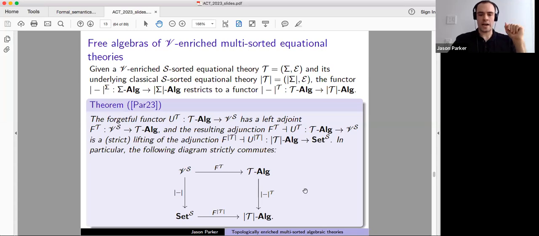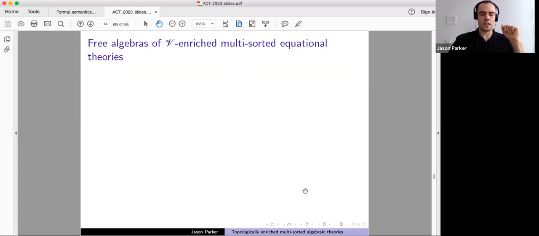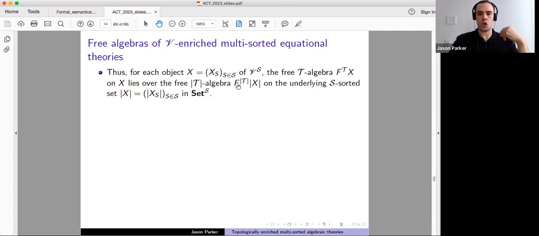So just to unpack this a bit more, what this means is that for each object X of V^S, the free T-algebra F^T X on X lies over the free algebra for the underlying classical theory on the underlying S-sorted set |X|.